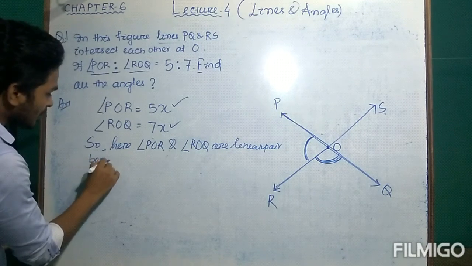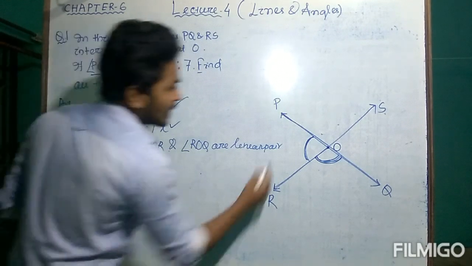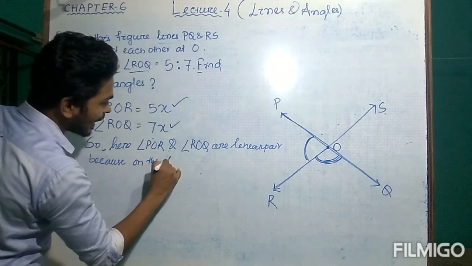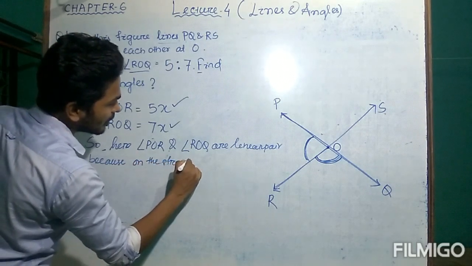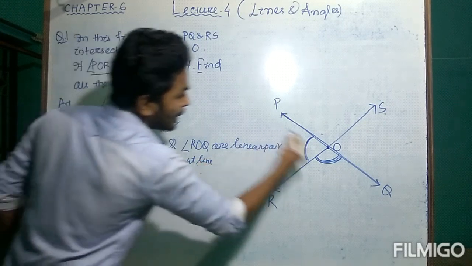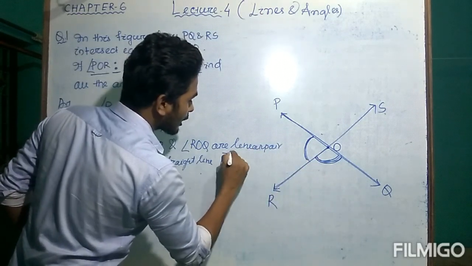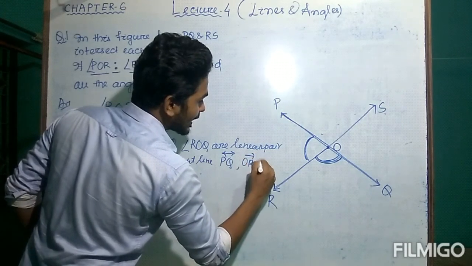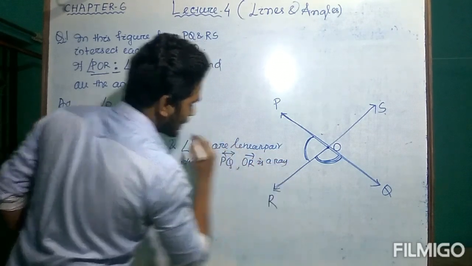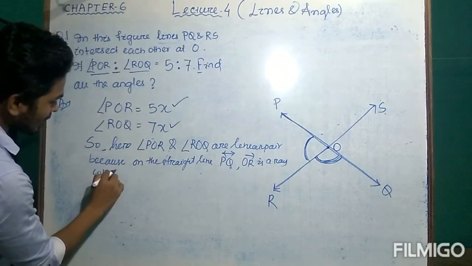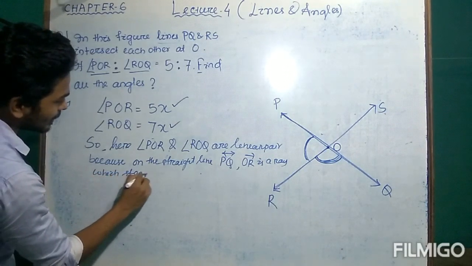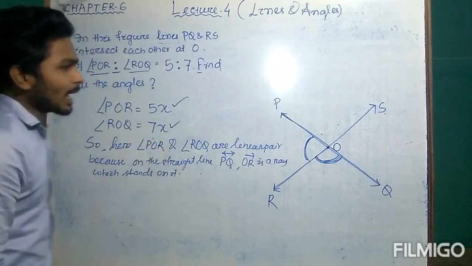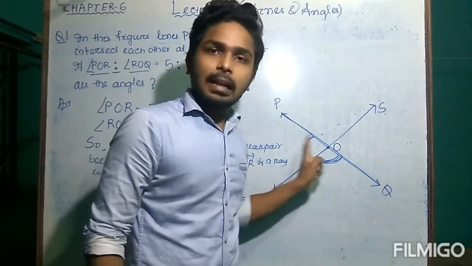Why? Because on the straight line PQ, OR is a ray which stands on it. So now you can say yes, these two angles are linear pair angles.